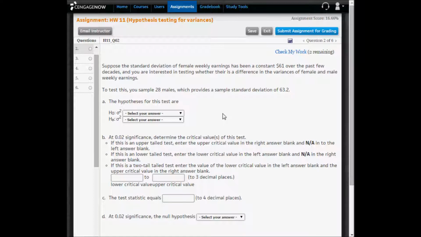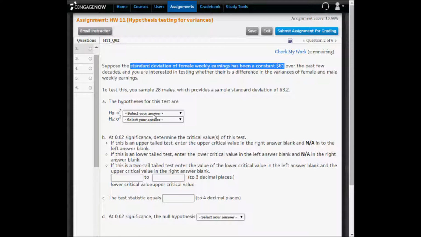So to test this, you sample 28 males, which provides a sample standard deviation of 63.2. Now, notice that the null hypothesis and the alternative hypothesis begin with sigma squared. Well, the sample standard deviation is 63.2. Up here, we're assuming the population standard deviation is $61.